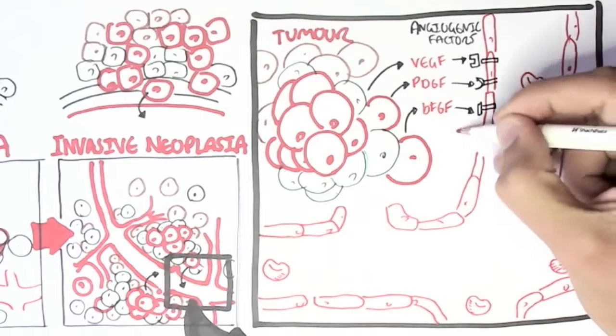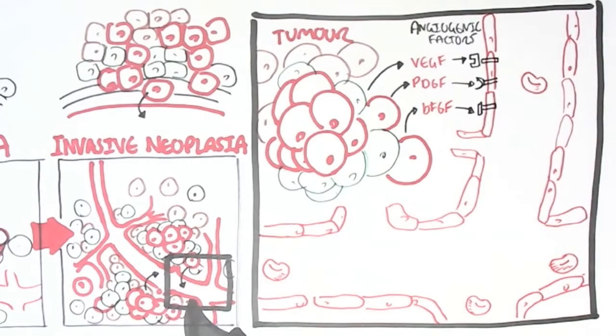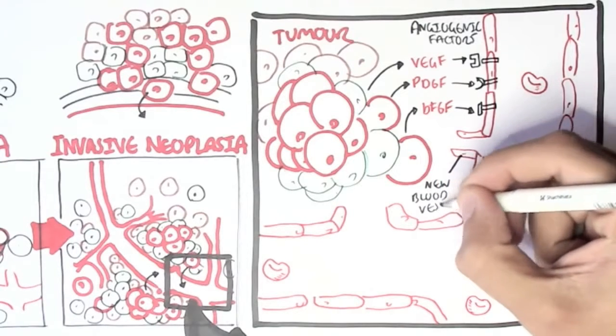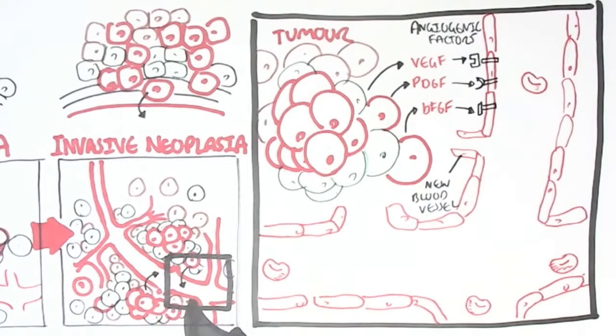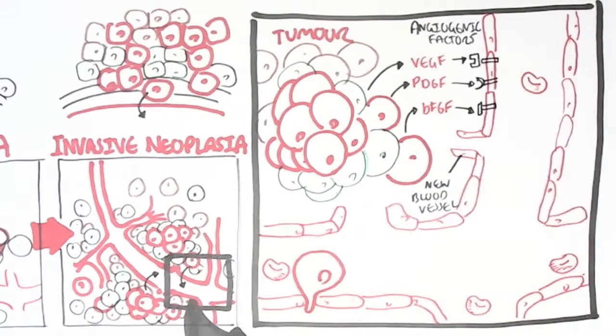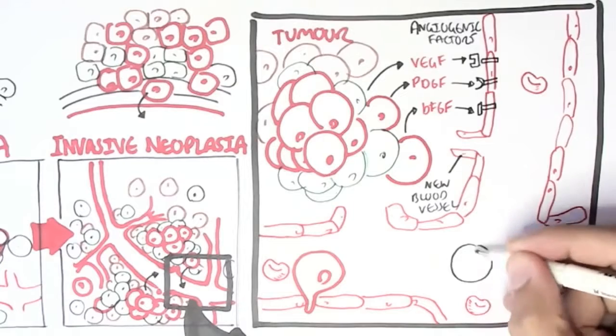And they bind onto these receptors and essentially cause new blood vessels to be formed. And so this will allow the cancer cells within the tumor to enter the bloodstream more easily through pressure or through other means, such as secreting some form of chemicals.